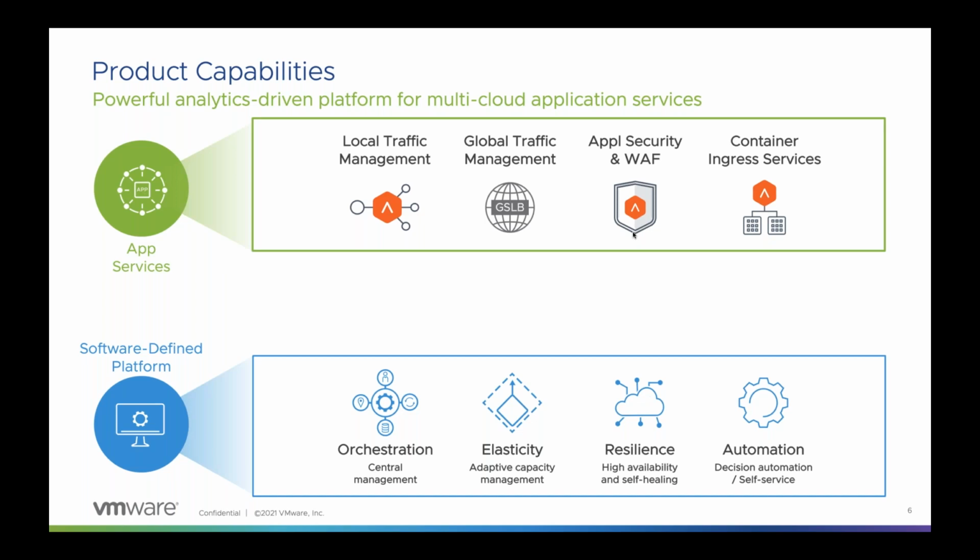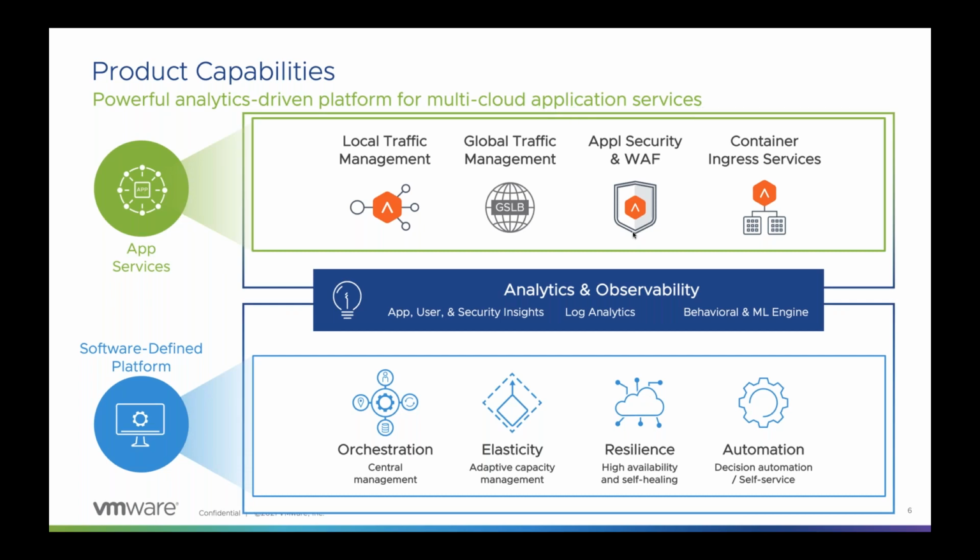We have local traffic management or local load balancing. We have GTM or global load balancing for multiple sites. We have application security and web application firewall, as well as container ingress services if you want to run as an ingress controller. And the key aspects around the analytics and observability are all available across each of these systems in a very consistent way.